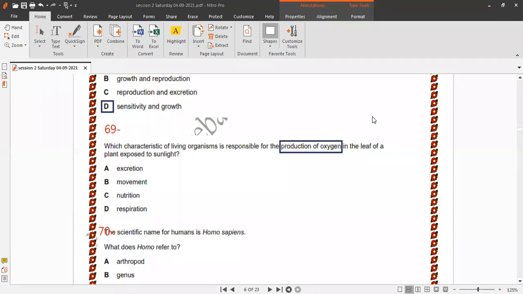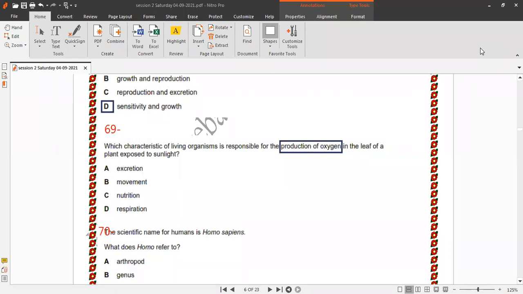Reem. Which characteristic of living organisms is responsible for the production of oxygen in the leaf of a plant exposed to sunlight? Excretion or nutrition? Nutrition.